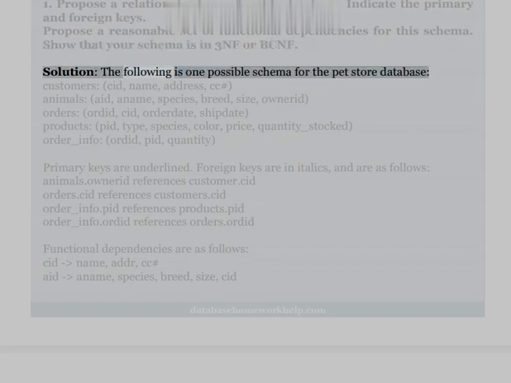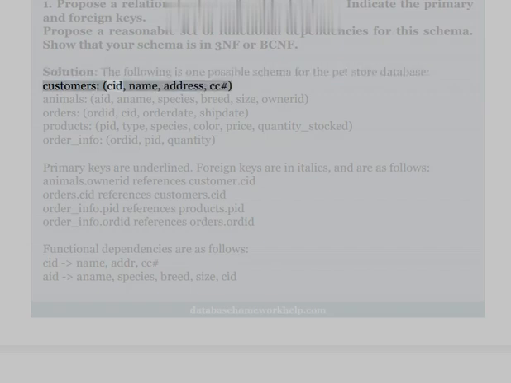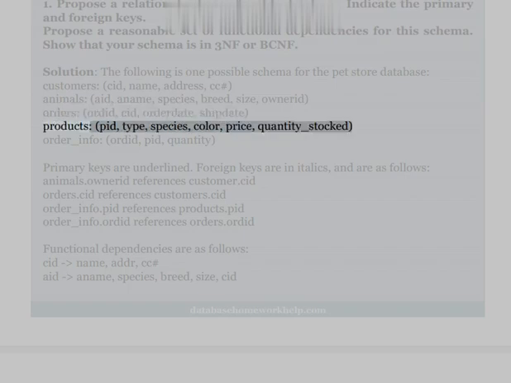Solution: the following is one possible schema for the pet store database: customers (SID, name, address, CC#), animals (AID, name, species, breed, size, ownerid), orders (ordered, SID, order date, ship date), products (PID, type, species, color, price, quantity_stocked), order_info (ordered, PID, quantity).